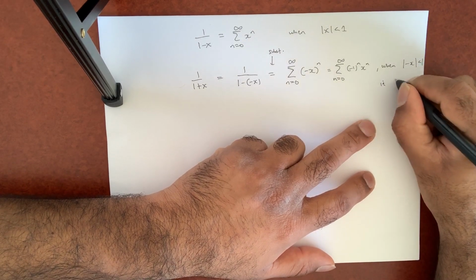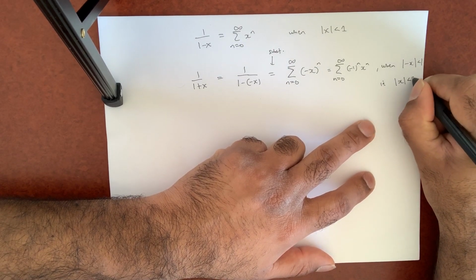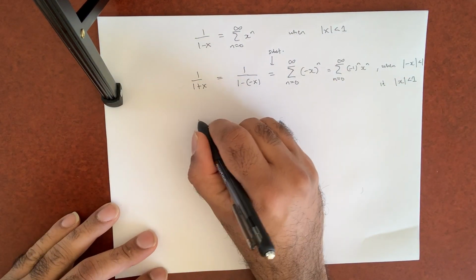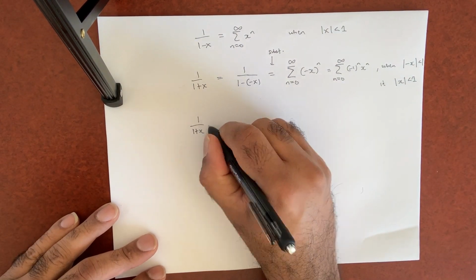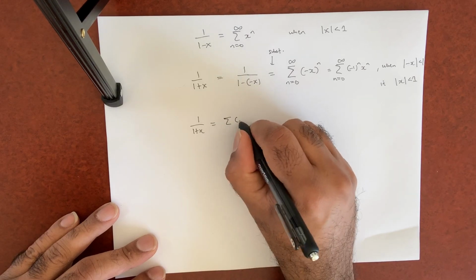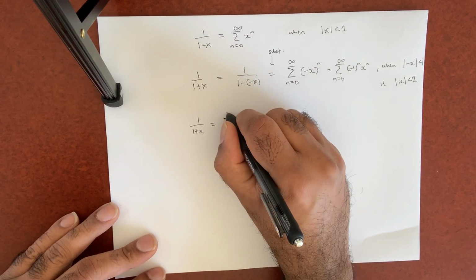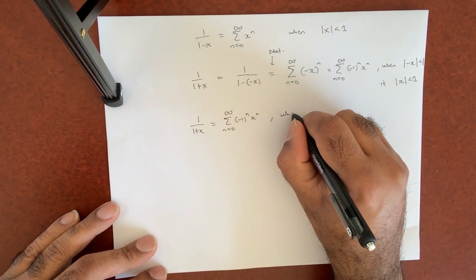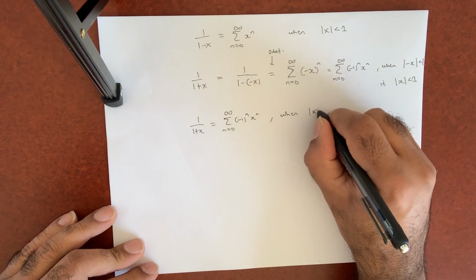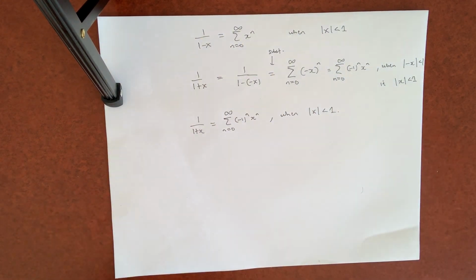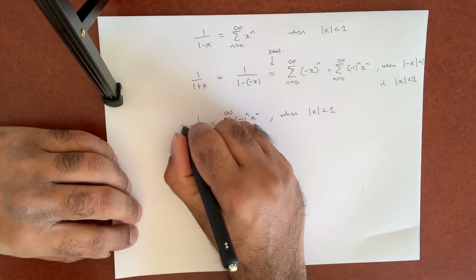That's the same as saying simply the absolute value of x is less than 1. So we know then that 1 over 1 plus x is equal to the sum of negative 1 to the n, x to the n going from 0 to infinity, and this is true only when the absolute value of x is less than 1. So this is our g of x.